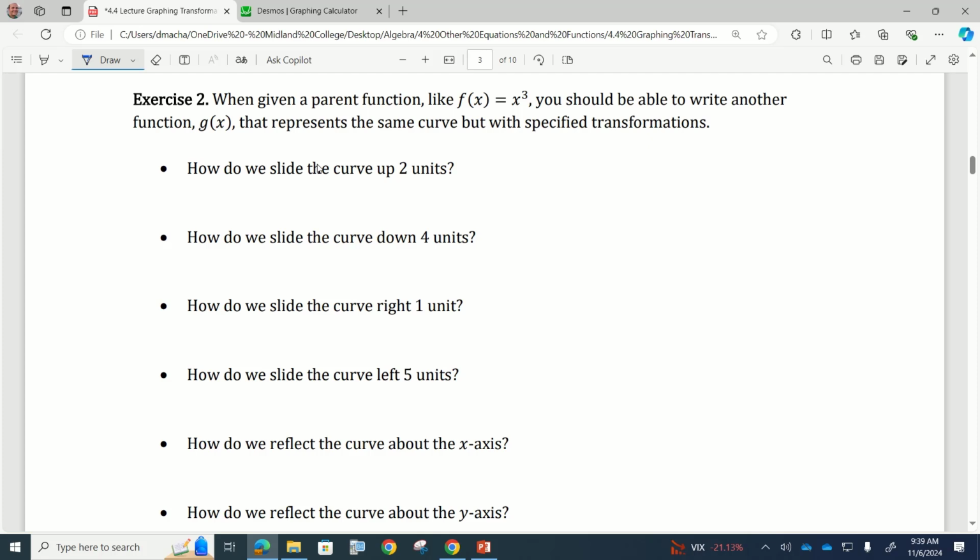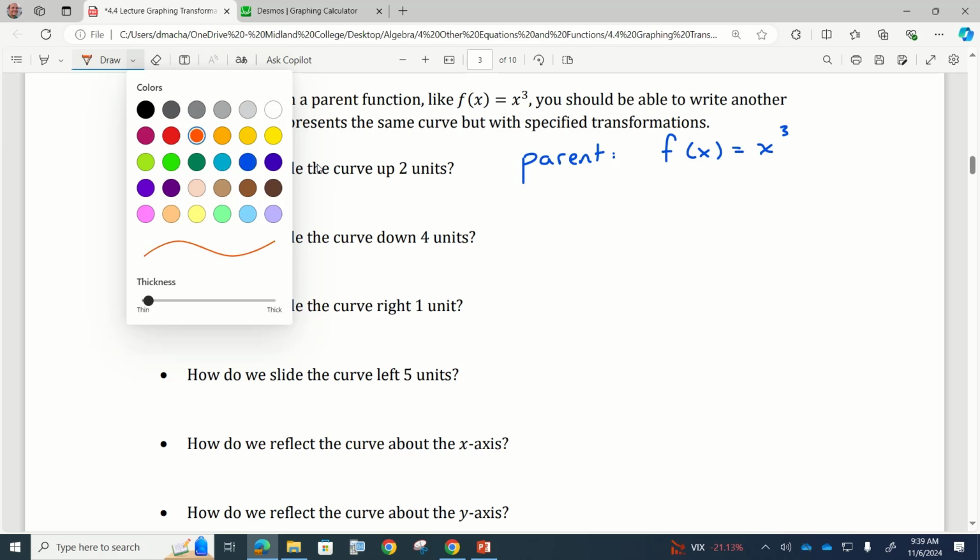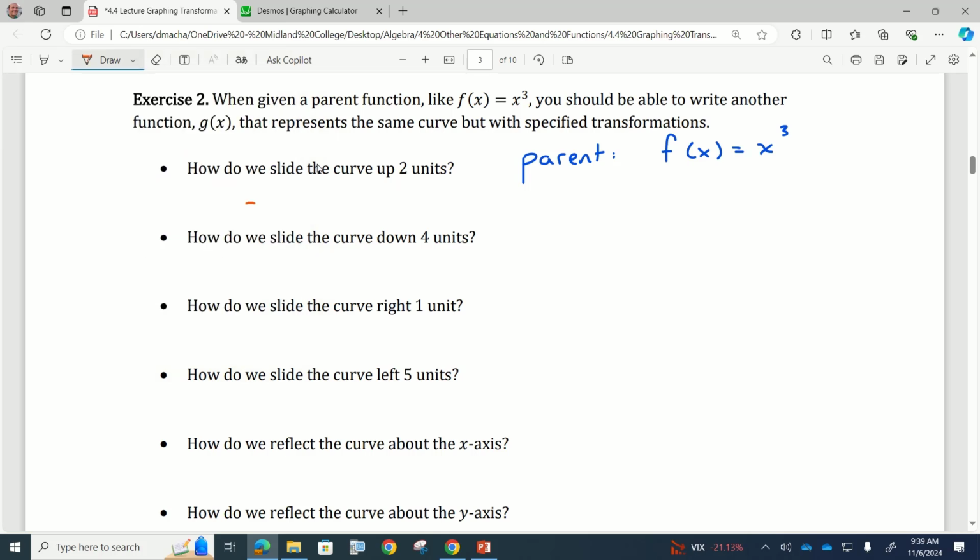So, if you have a parent function, like the function x cubed, you should be able to write another function that we might call g of x that represents the same exact curve but with this kind of transformation.